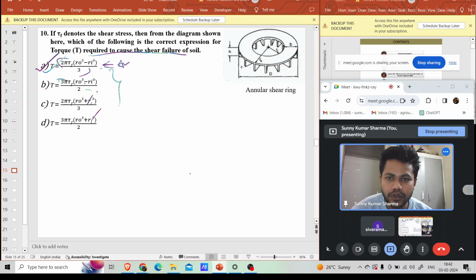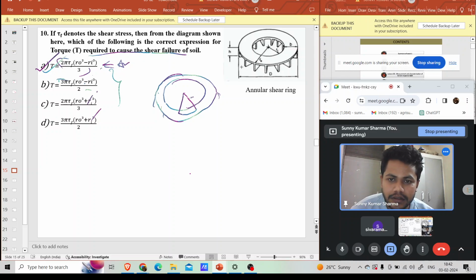Do you know its derivation, how it comes? I don't know very definitely and clearly, sir. Mainly the formula is important, but you can know for your concept: if this is an annular ring, it has some depth.